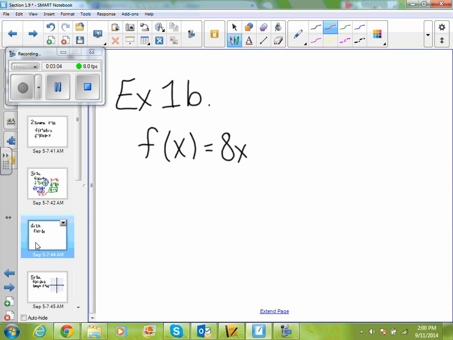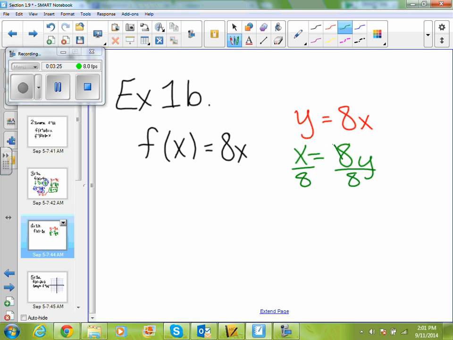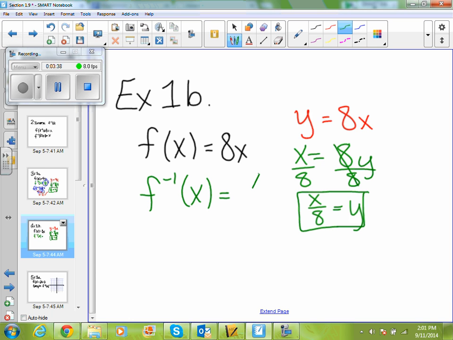Okay, so let's do another one. We have f of x equals 8x. So this is like y equals 8x. Then our inverse is x equals 8y. If we divide by 8 to solve for y, we get y equals x over 8, which means that f inverse of x equals x over 8.